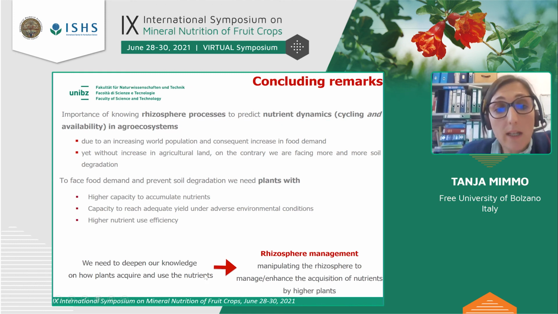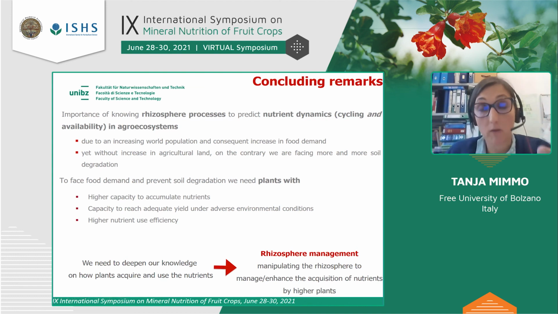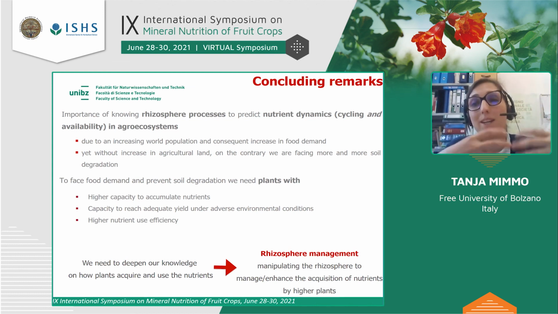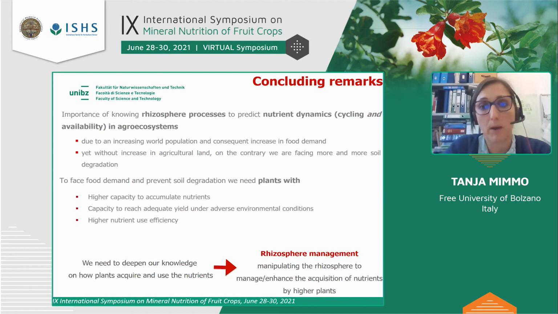So that's why we really need to deepen our knowledge on how plants acquire and use the nutrients, especially concerning rhizosphere dynamics and processes, because it's at the soil-root interface where all the important processes are going on, which ultimately affect our nutrient uptake, and then also the quality and the yield of our agricultural production. And if we really understand these processes, we are also able to exploit them by manipulating the rhizosphere to manage and enhance the acquisition of nutrients by higher plants.